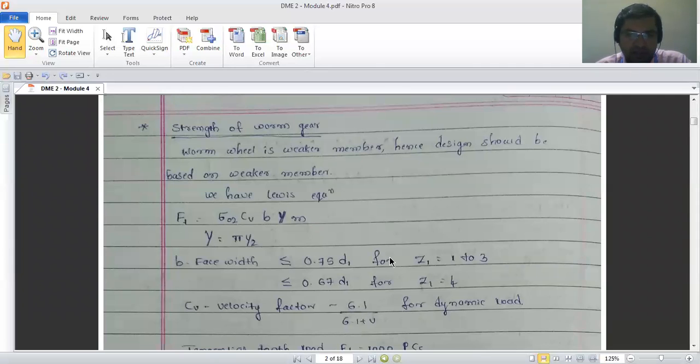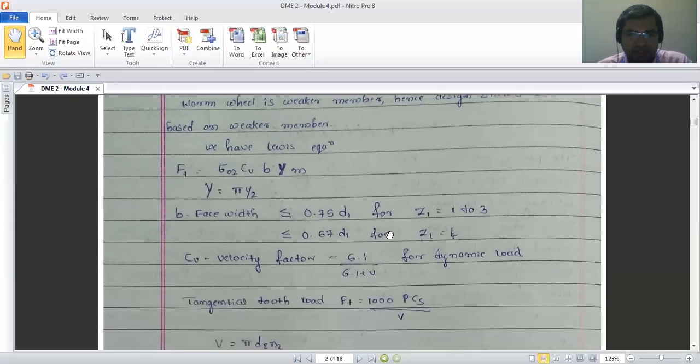So Lewis equation for the worm wheel can be written as Ft, that is transverse load, equals sigma Cv b y m, where sigma is the allowable stress for the worm wheel, Cv is the velocity factor, b is the width, Y is the Lewis form factor, m is the module.